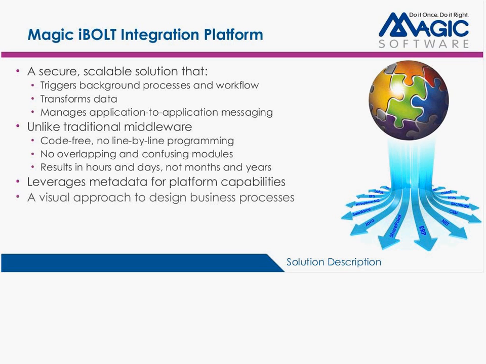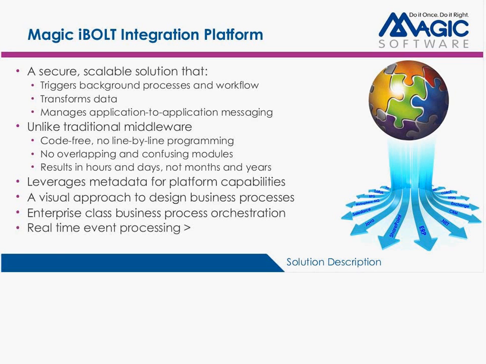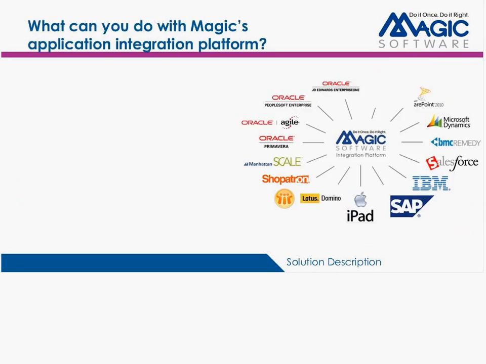You're also able to take a visual approach to working with those components, so that rather than a line-by-line kind of program, you actually have a visual business process flow that you can configure, and Ryan's going to show us that in just a couple minutes. And then it also gives you this capability for true enterprise class business process orchestration with a very scalable environment that can handle the real-time event processing that you need in your organization.